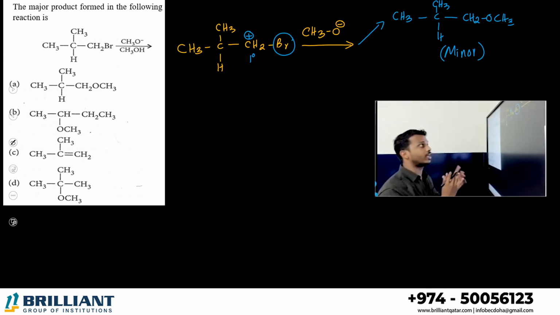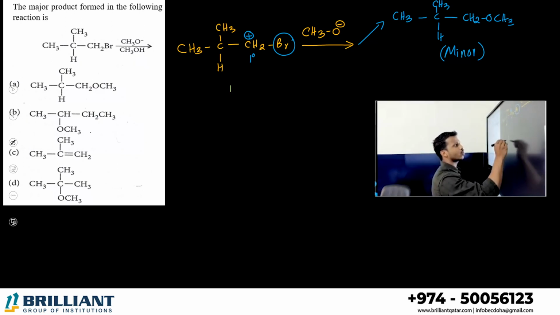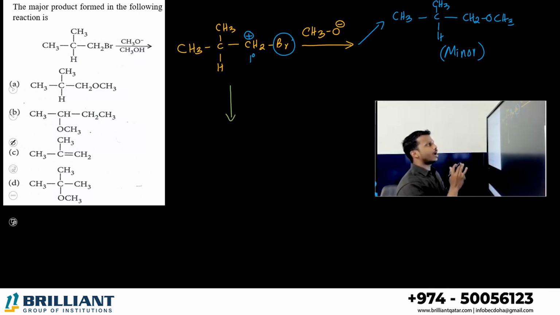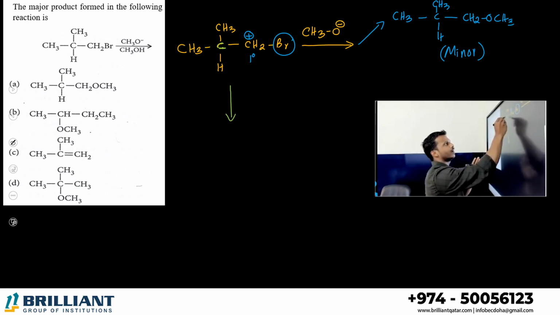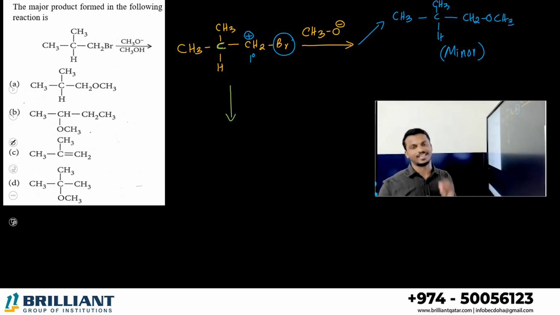Let me check whether it is possible to make it a more stable tertiary carbocation. How? See this compound. How can we analyze converting primary into tertiary? Very simple. Just look at the nearby carbon. If it contains a hydrogen, try to shift the hydrogen.